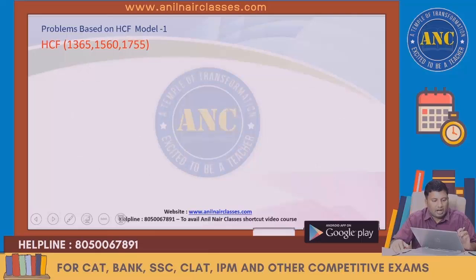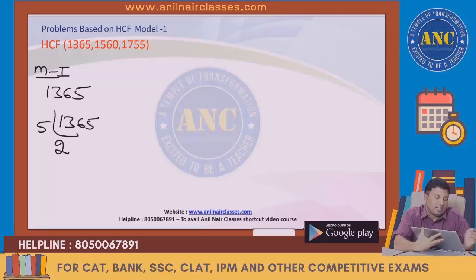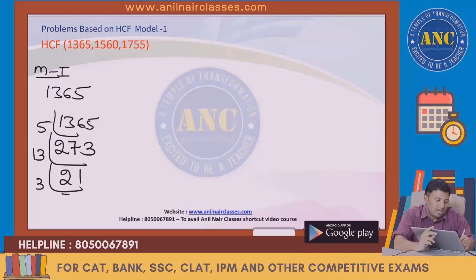Find the common factor of 1365, 1560, 1755. You can do it in any method. Method number 1. Lowest is 1365. What are the factors of 1365? 5 2s are 10, 5 273s are 1365. 273 is 13 21s, and 21 is 3 and 7.